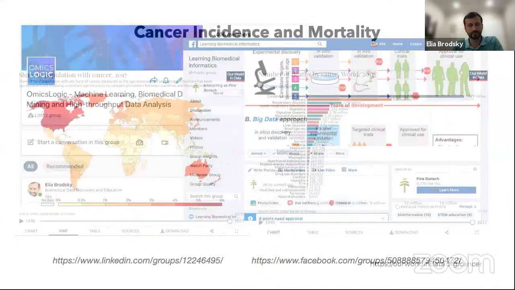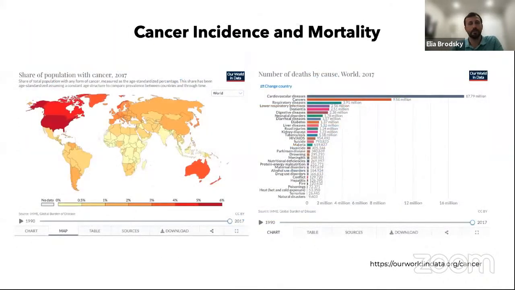So let me start first by highlighting some of the things that probably many of us already know. For example, cancer, which is one of the leading causes of morbidity and mortality worldwide, is much more prevalent in areas of the Western world that has a growing and older population.